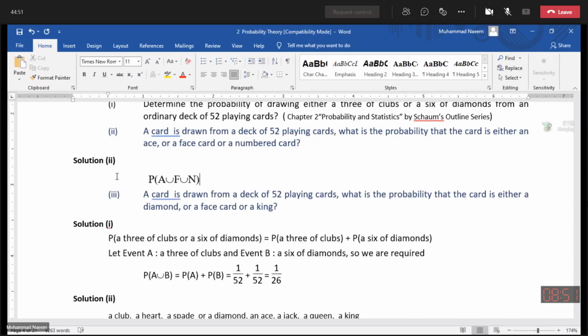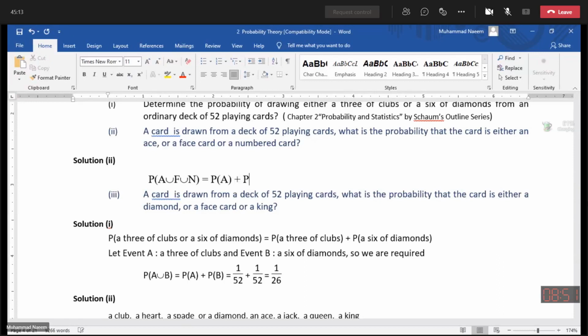This is required in this case. As all the three sets having nothing in common, so when we find their combined probability, the probability of their union, we just add their respective probability.